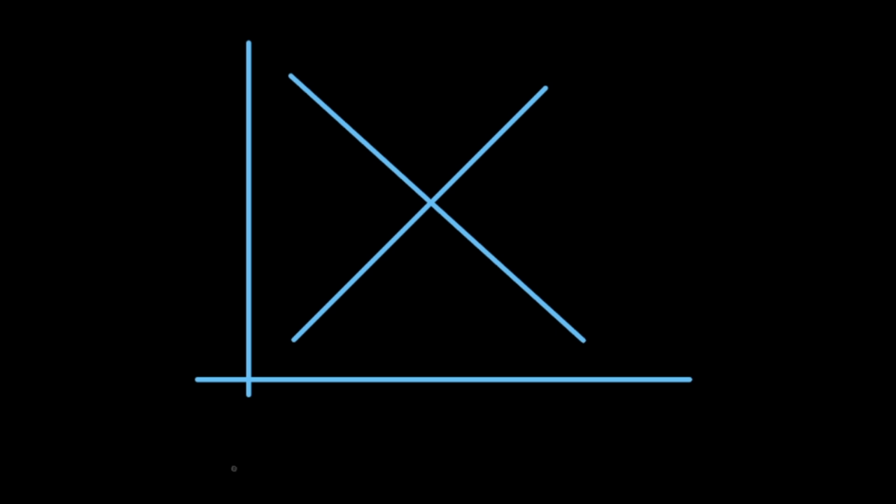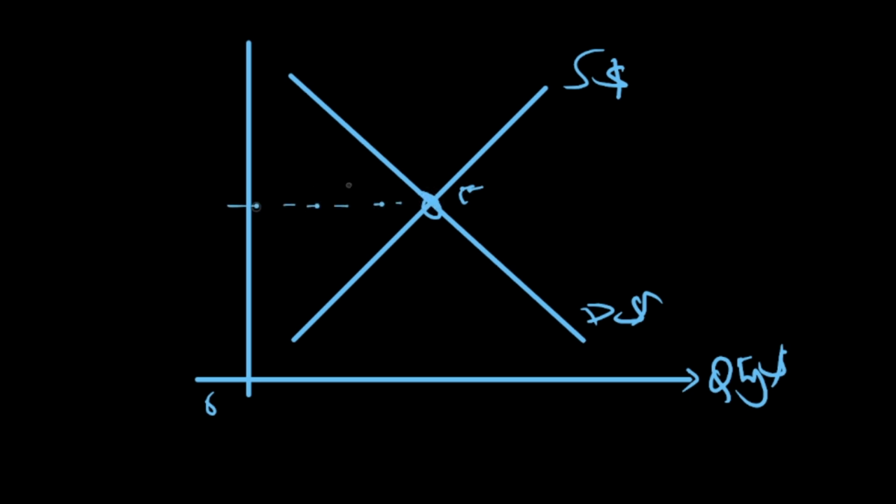The other reason can be an increase in supply of dollars, and if supply of dollar increases, the supply curve will shift to the right. So this is demand for dollar, this is supply of dollar, and this is the origin point. On x we have quantity of dollars. Equilibrium is at E, where the exchange rate of dollar is, let's say, 280 Pak rupees.